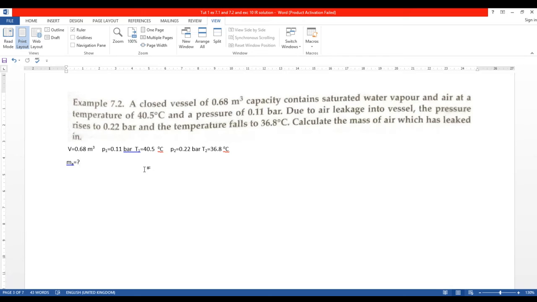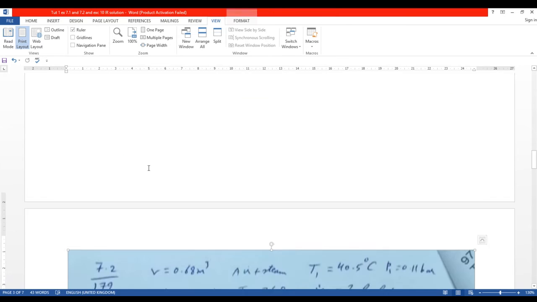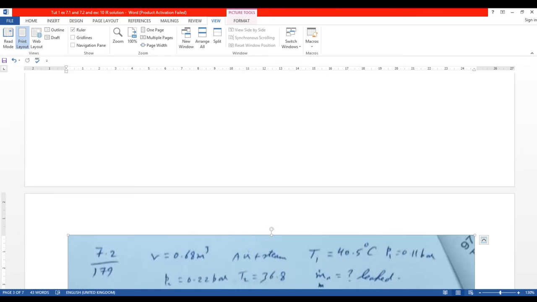So PA VA equal to mass MA RT, which is R and T for the air. So we'll go to the solution.